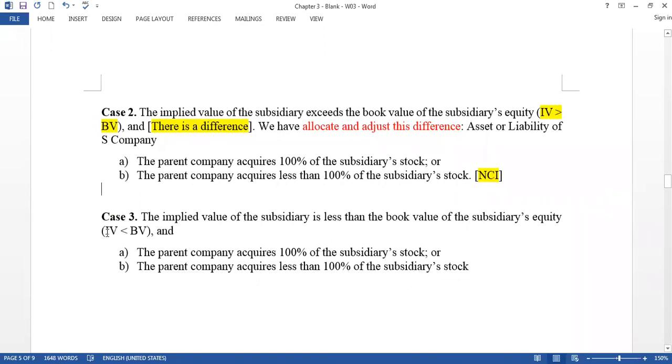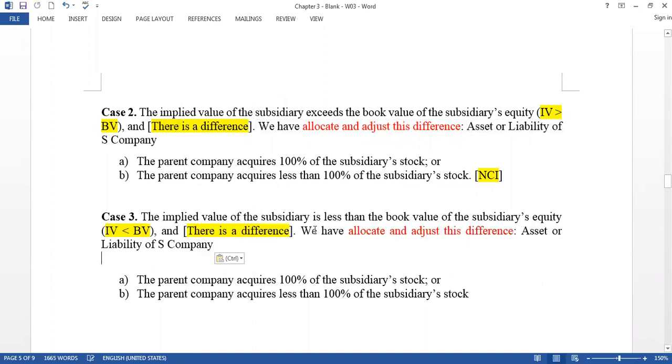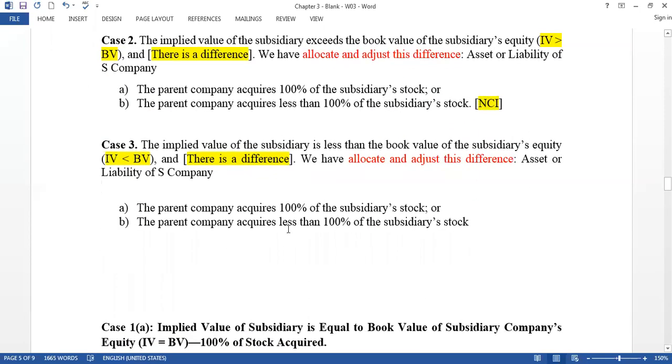Now another situation: implied value is lower, book value is higher. Again, there is a difference. So this difference should be allocated and adjusted to either assets or liabilities of S company based on the question. And we may have 100% or less than 100%, in which case we have to establish NCI.